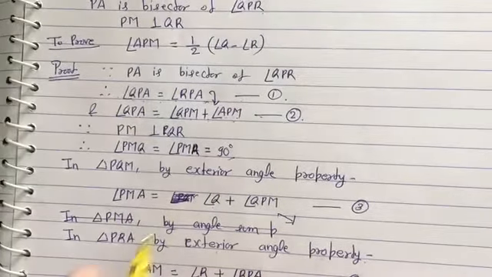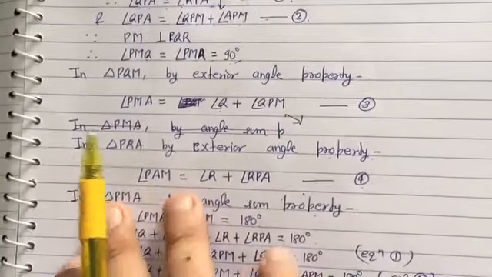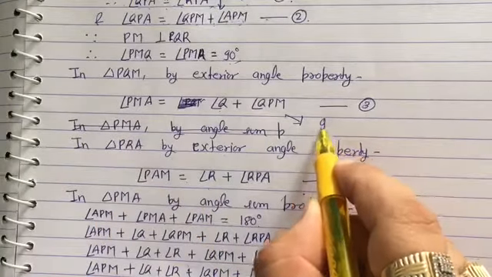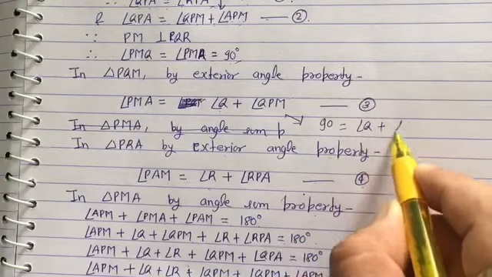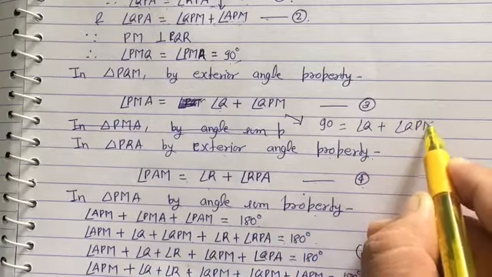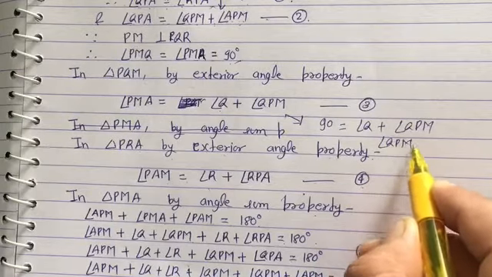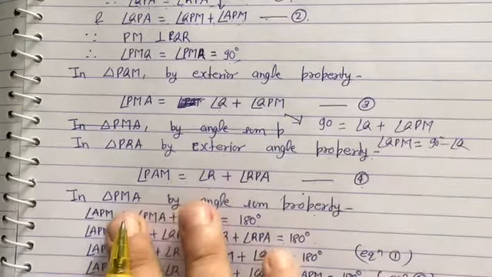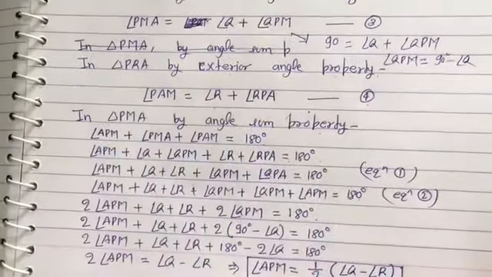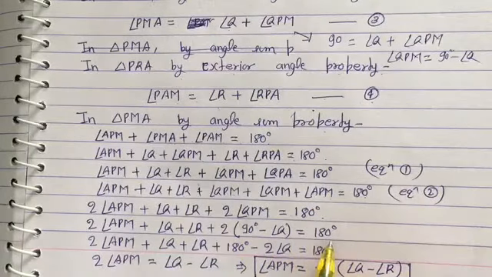You know it very well. Angle PMA is 90 degrees. So you have to write 90 is equal to angle Q plus angle QPM, or you can say angle QPM is equal to 90 minus angle Q. So in the place of angle QPM we are going to write 90 minus angle Q is equal to 180 degrees.